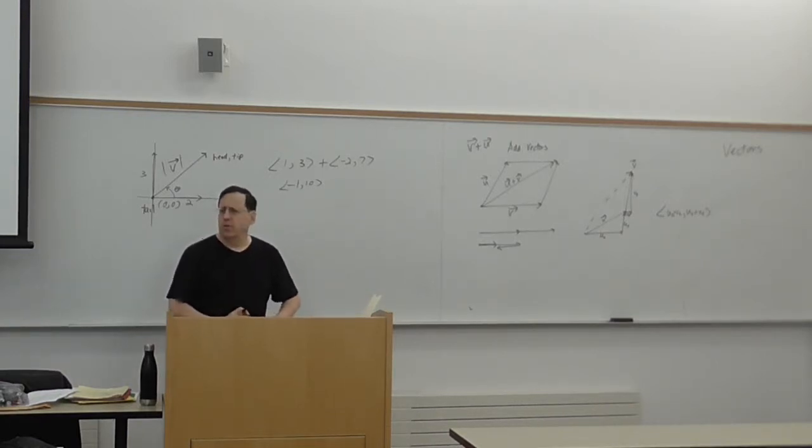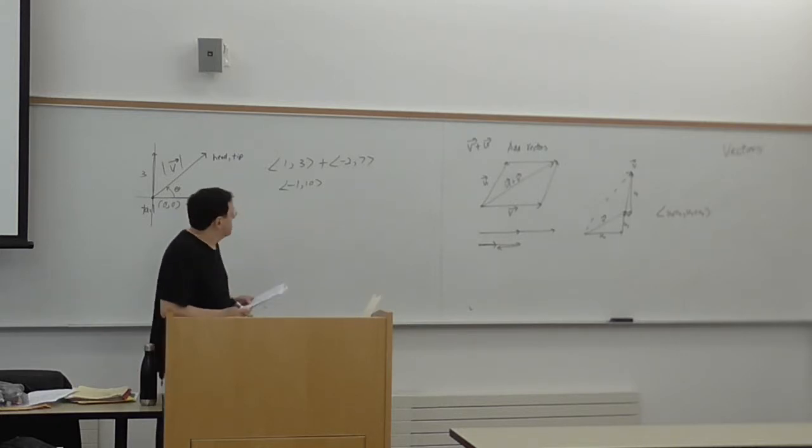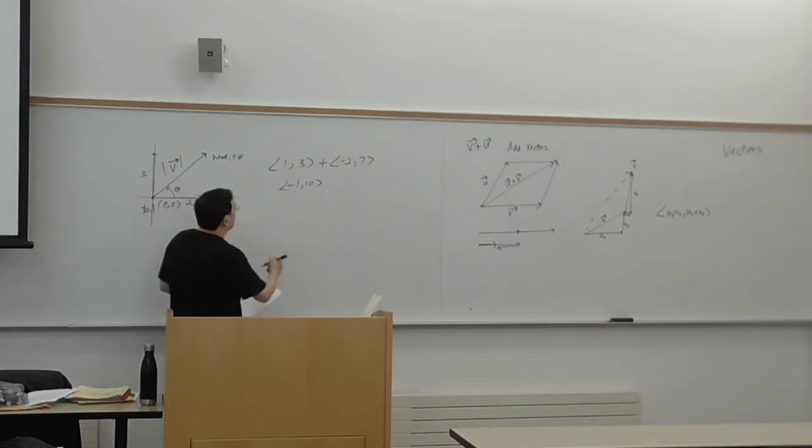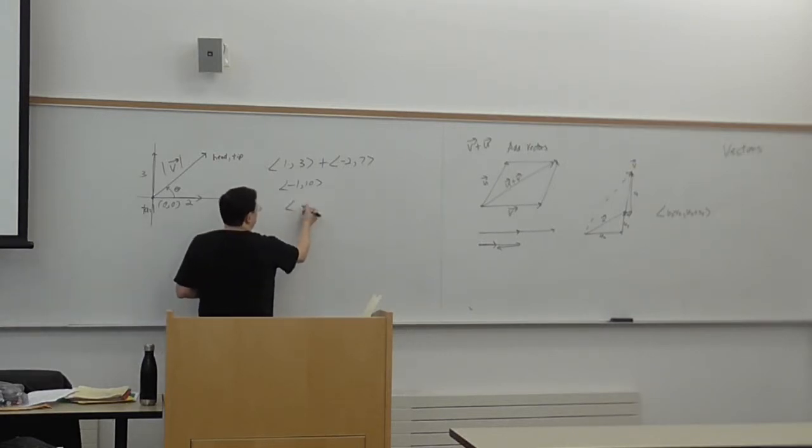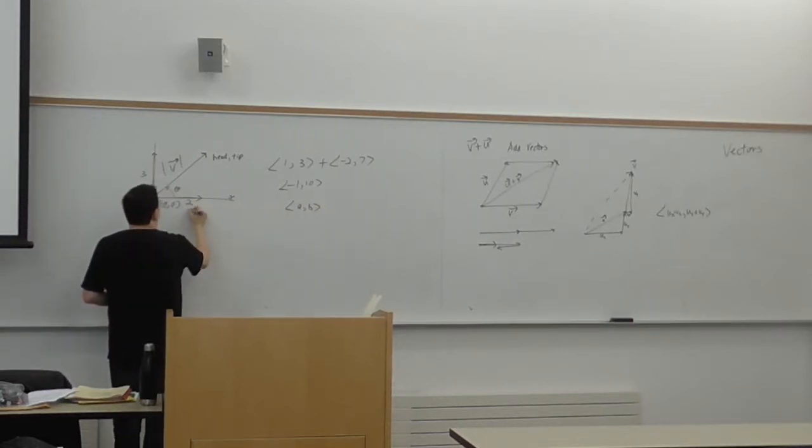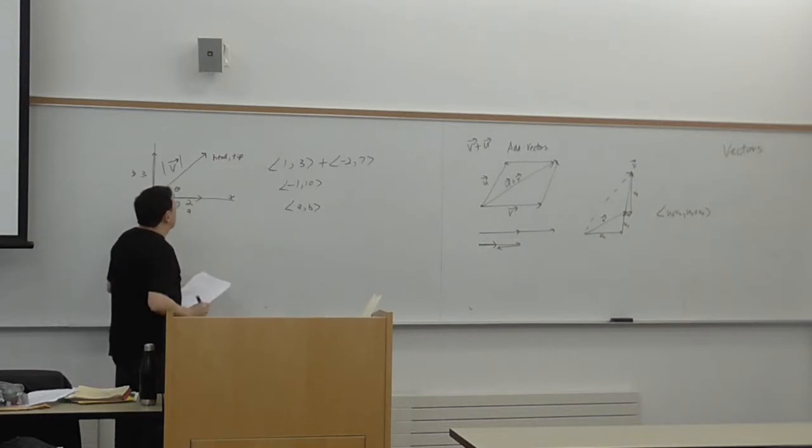All right, everybody with me so far? Well, I want to make one more comment, which is, if I have a vector in component form, say a, b, right? So this is my a, and this is my b.